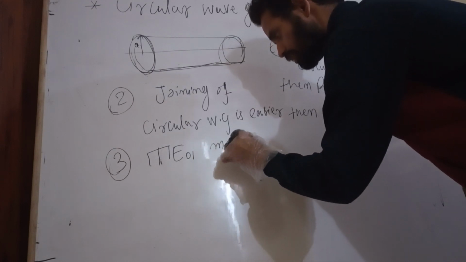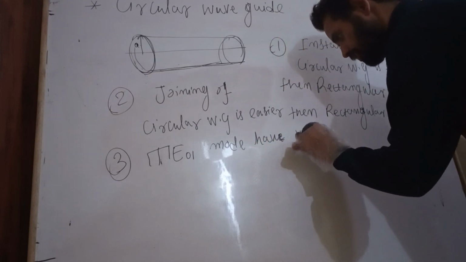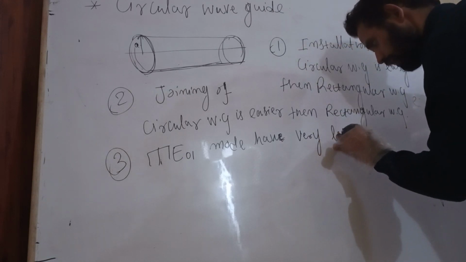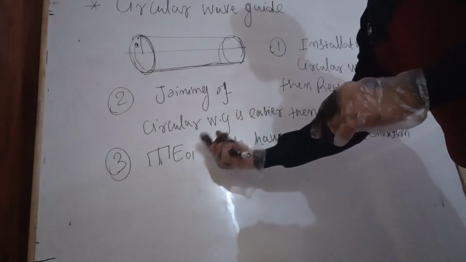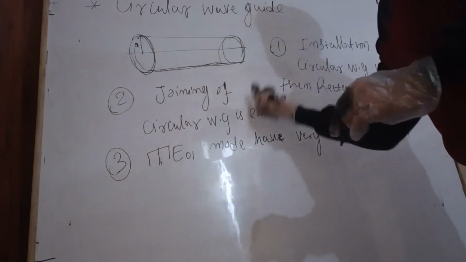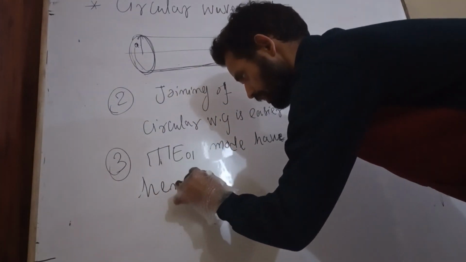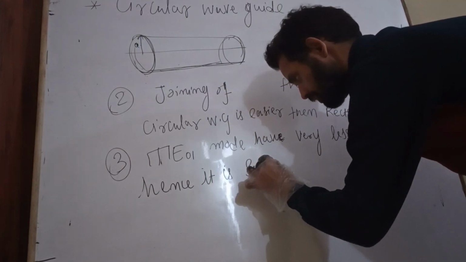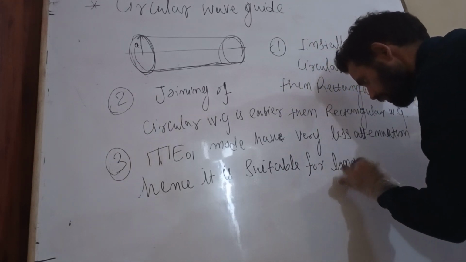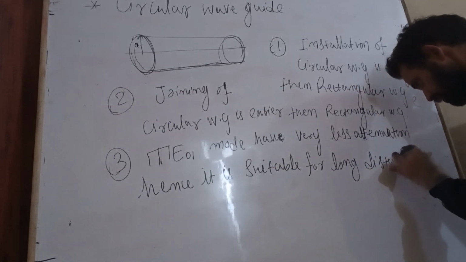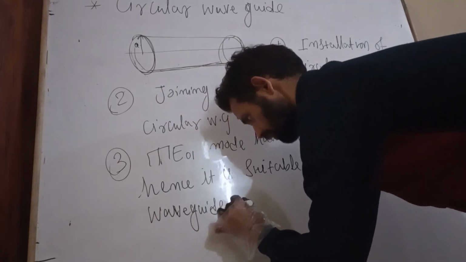So the TE01 mode of circular waveguide has very little attenuation, and hence it is suitable for long distance waveguide transmission.